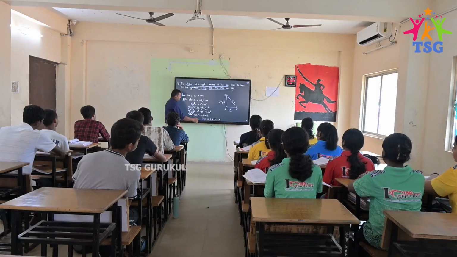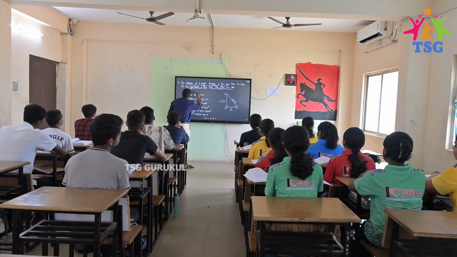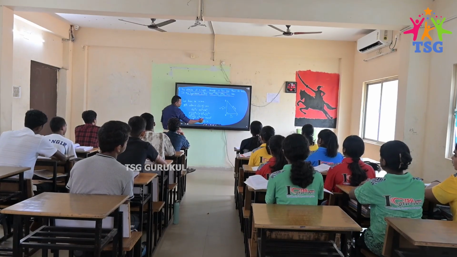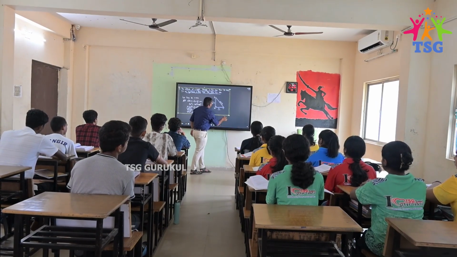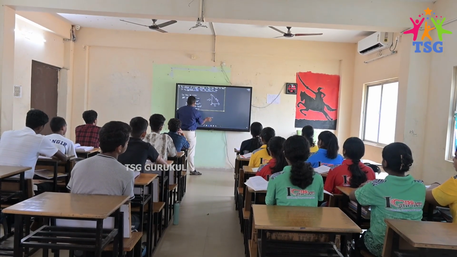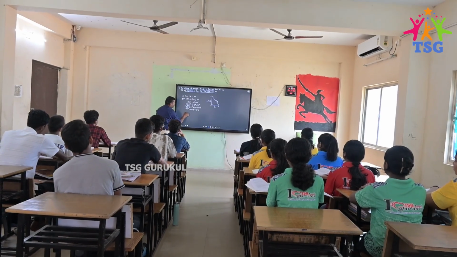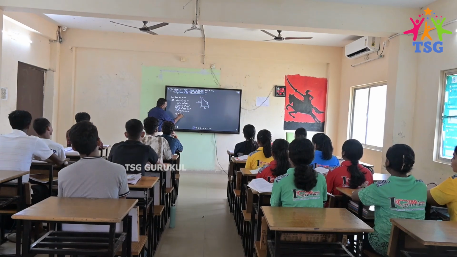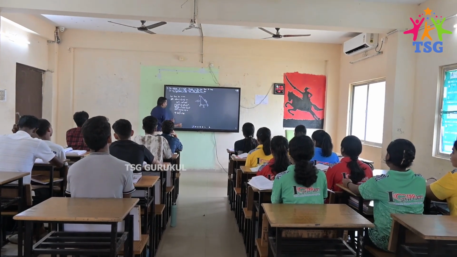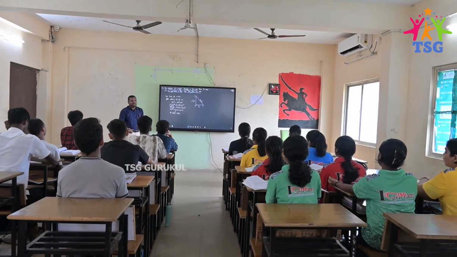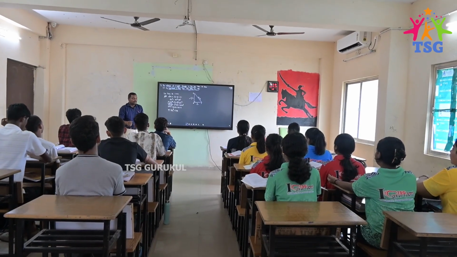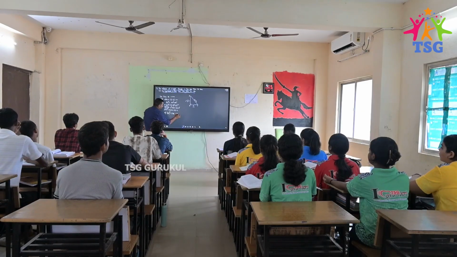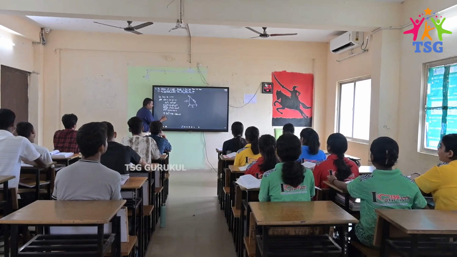Understood now? Then 2x square minus 14x plus 49 minus 169, the result will be minus 120 is equal to 0.